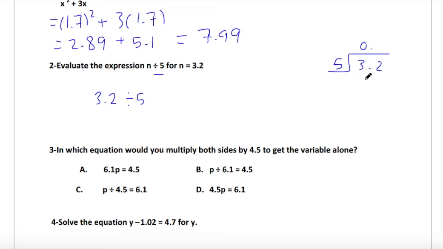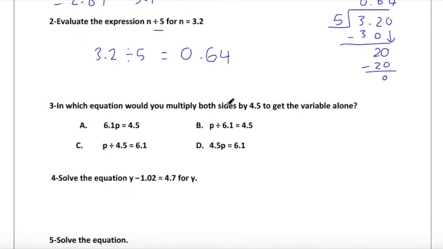Now 32 divided by 5 equals 6. 6 times 5 equals 30. Subtract, it will be 2. As we know, we can put 0 here. So now bring it down. Now 20 divided by 5 equals 4. 4 times 5 equals 20. We finish. So it will be 64 hundredths.